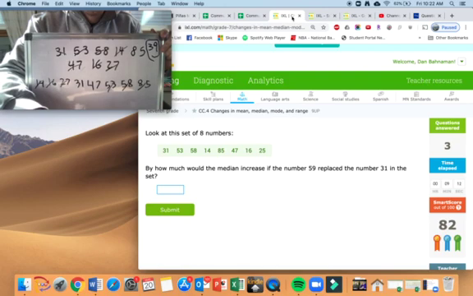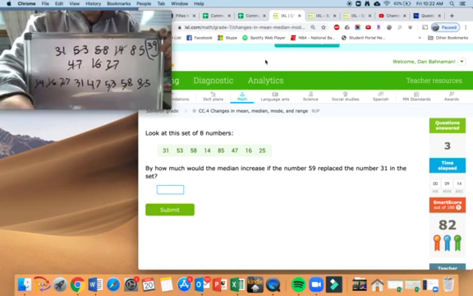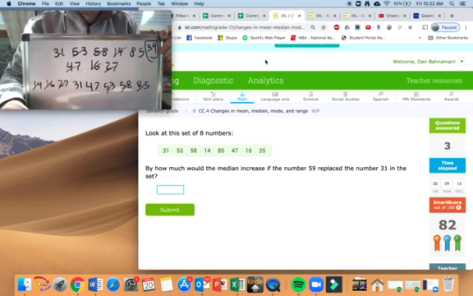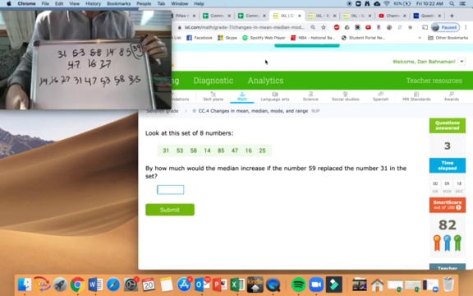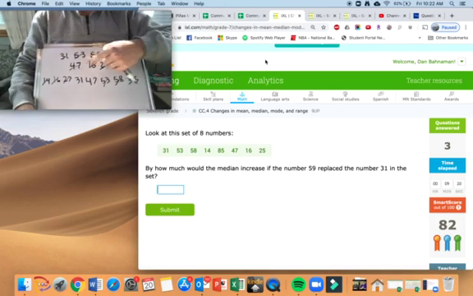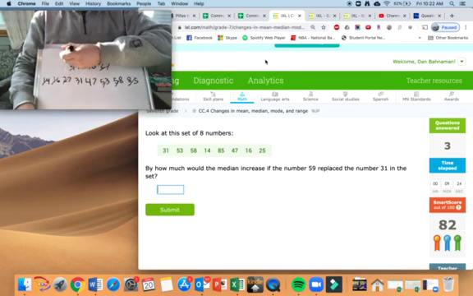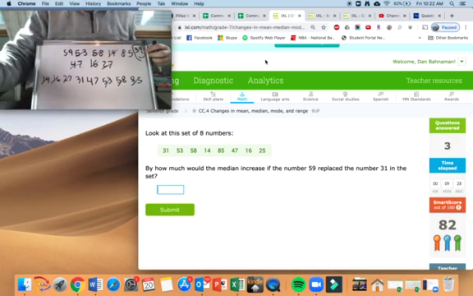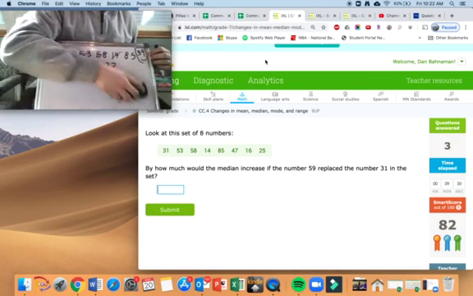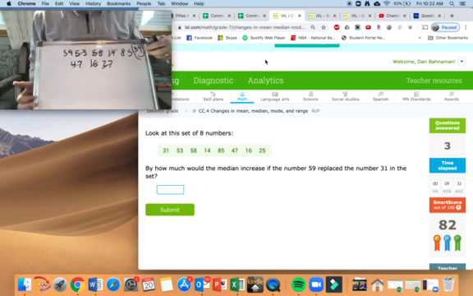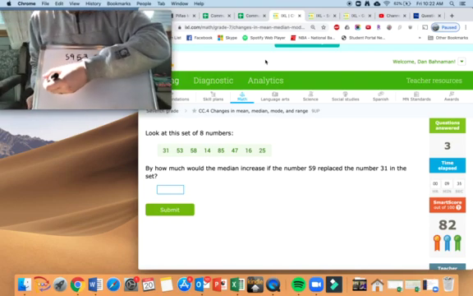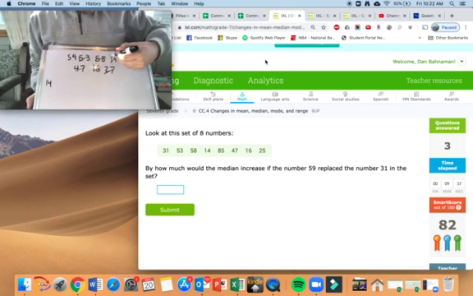So for the second one, I'm saying by how much would the median increase if the number 59 replaced the number 31? So instead of 31, I'm going to have 59. Now, I'm going to keep these up here, but I'm going to redo mine at the bottom and start over. So I have 14, and I know that I'm going to have 2 X's here.